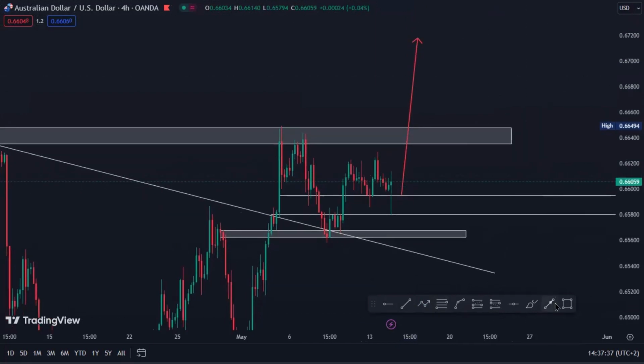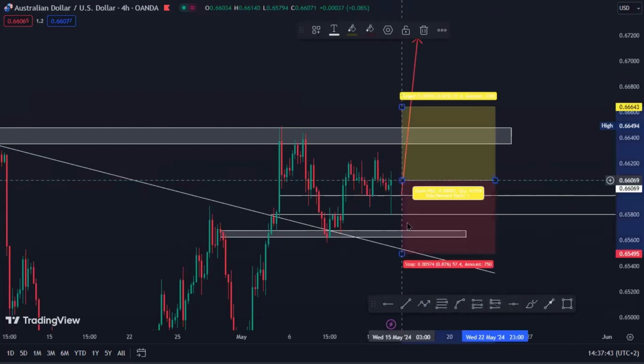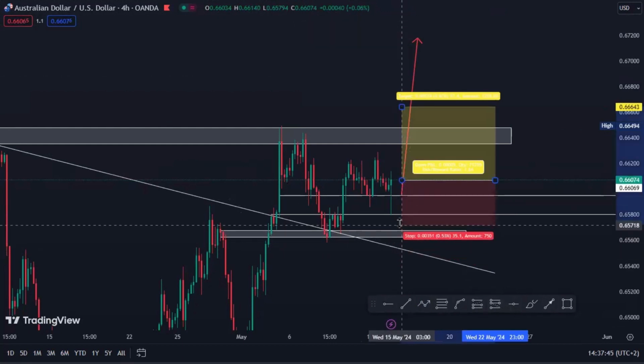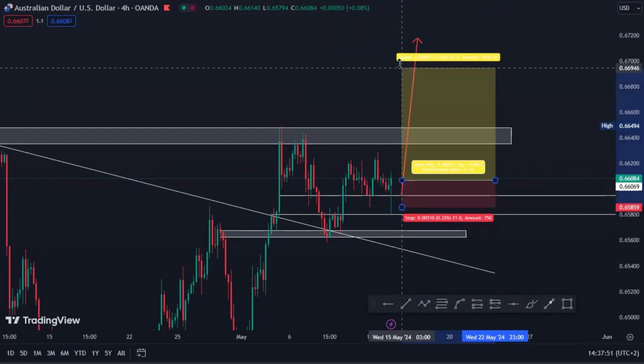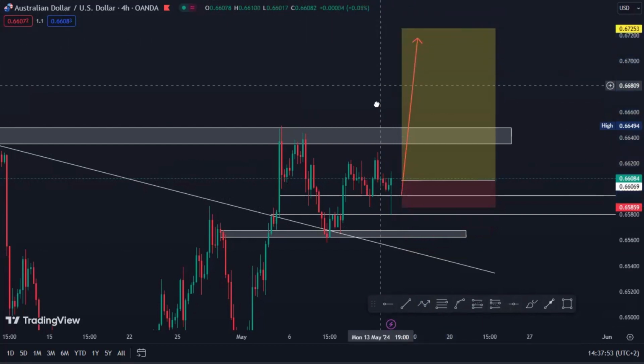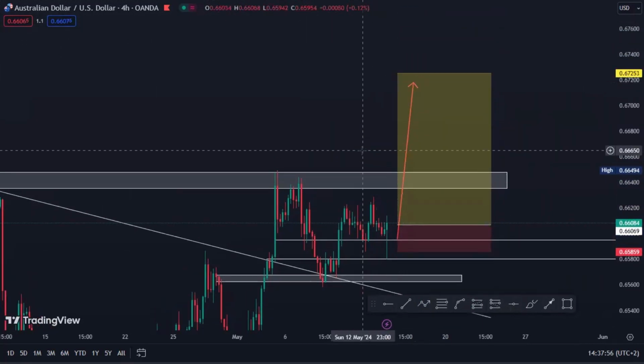You understand? So take it from here. Safest places here. We can go like 30% and then just push up. It's already going up. Push up to that area.